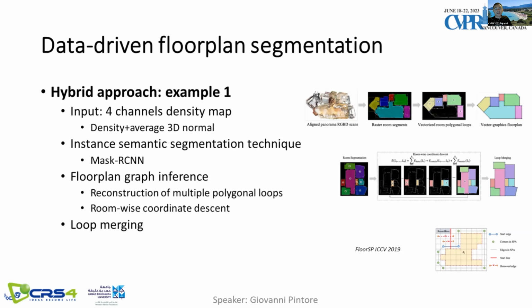To optimize the polygonal loops, they adopt a room-wise coordinate descent optimization in order to obtain a room structure one by one by minimizing the sum of data consistency and also model complexity terms. And finally, a simple graph merging operation combines the loops into a floor plan graph structure.